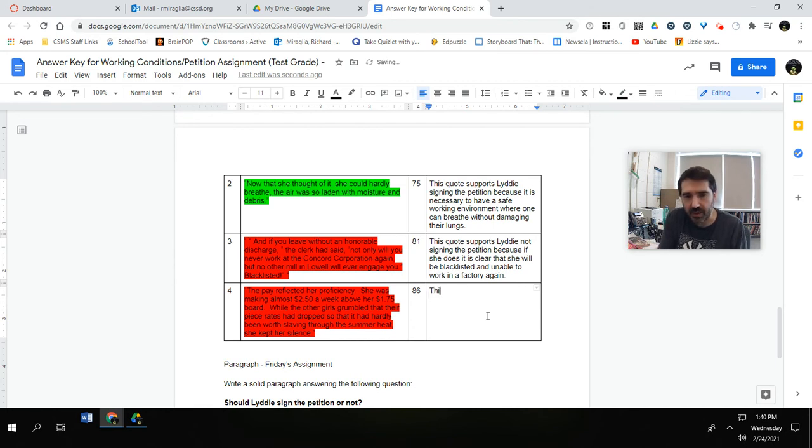The last quote deals with money. She's making more money than she ever made in her life, probably ever will make. So she really wants and needs the money. If she signs the petition, she'll lose her job and she'll lose the money. Again, this is going to be a quote that supports Liddy not signing the petition.